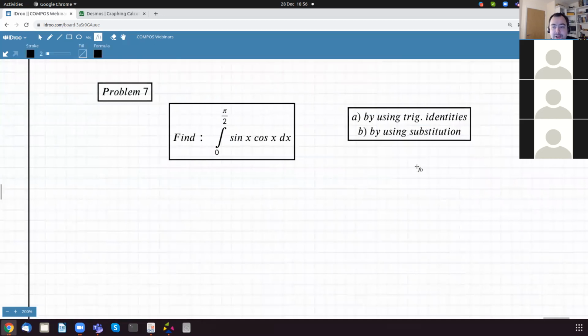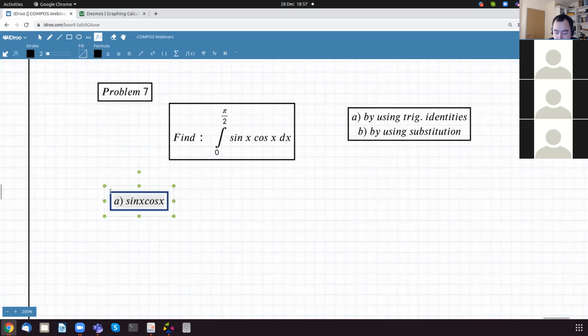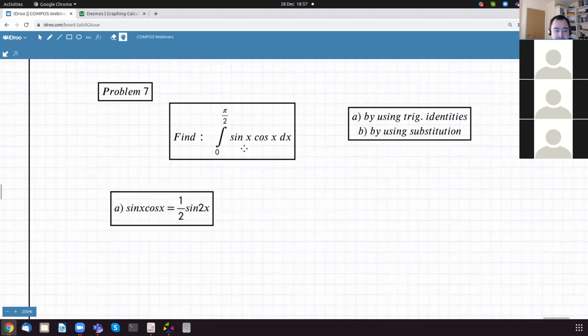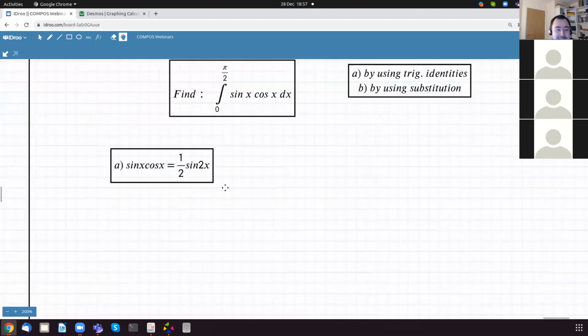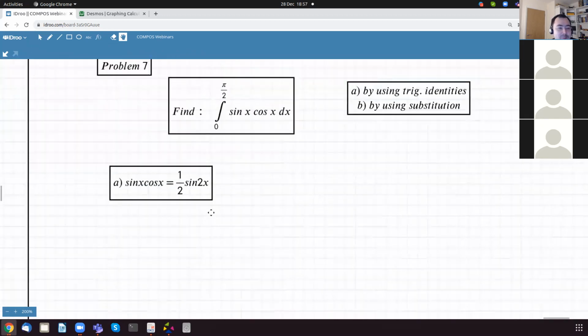So by using trig identities, sine x cos x can be written as a half sine 2x. We know that because 2 sine x cos x is sine 2x. I hope that was drilled in, you drilled that in the second assignment.